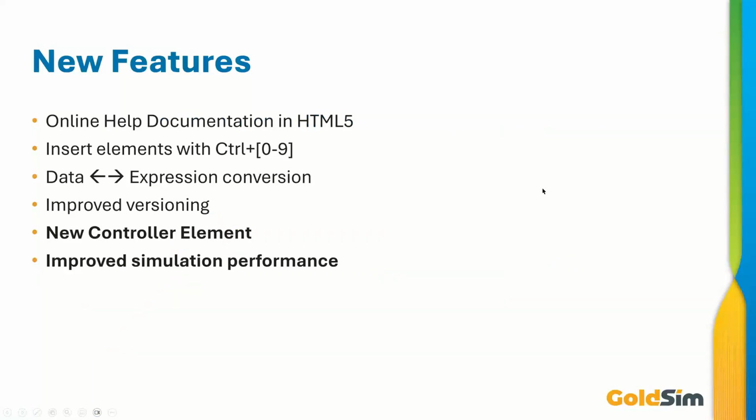So the first one I wanted to mention is our online help documentation. It's all online now. I mean, it has been for a while. We just upgraded it to HTML5, just making it easier for us to publish it in a modern framework, and just kind of keeping everything up to date. There are some other things too that I don't even have on this list that have to do with the graphics.